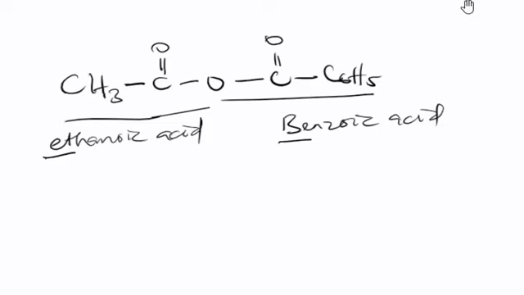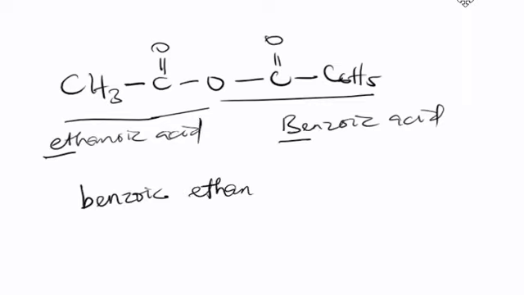B comes before an E, so I'll have to place B before the E. So I'll arrange them alphabetically. Let's say benzoic ethanoic anhydride.